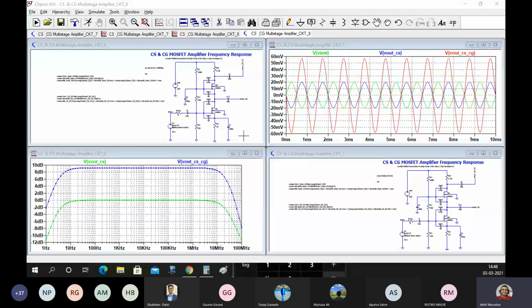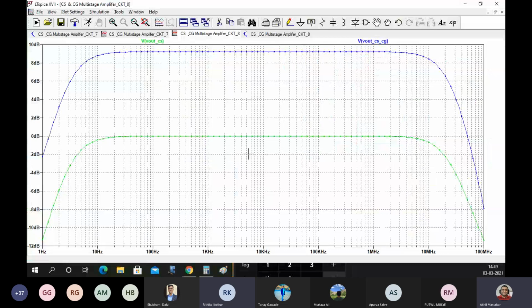Hello, sir. Yes. Sir, I am also getting the same output like Apurva. What did you say, remove phase? How to do it? So this is the plot, no? Then right click here in this space. Can you see this space? Right click here and say don't plot phase.